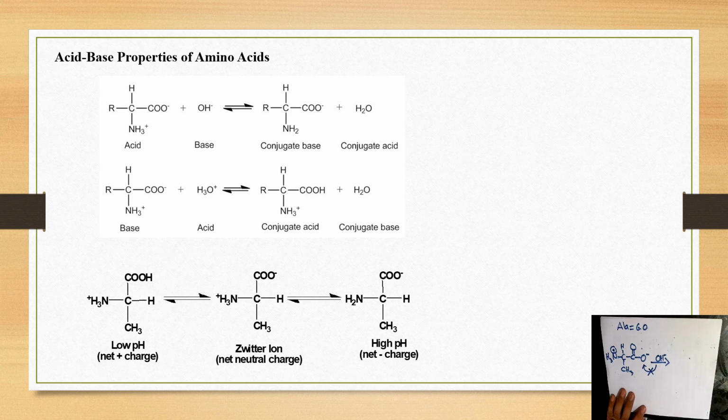Instead, the acidic hydrogen here, which is positively charged, goes to the hydroxyl group. When that happens, this is the structure of alanine.